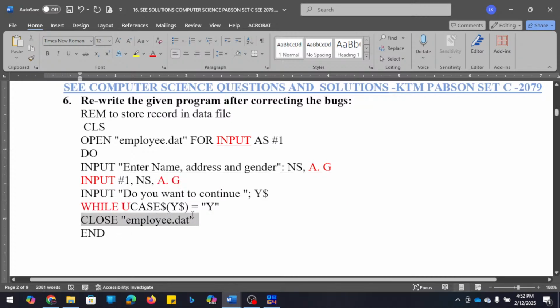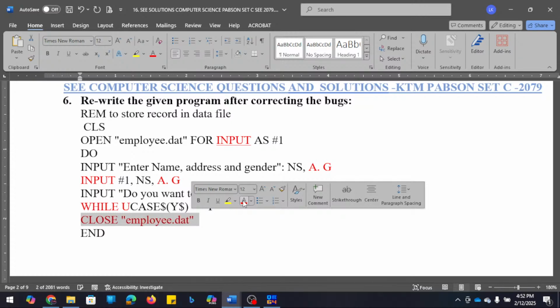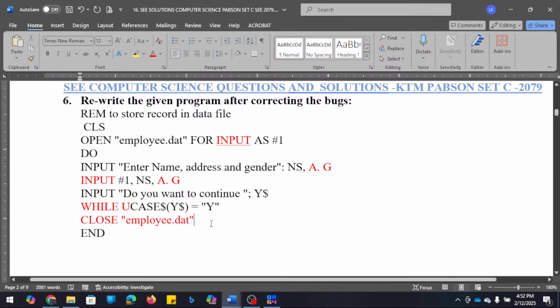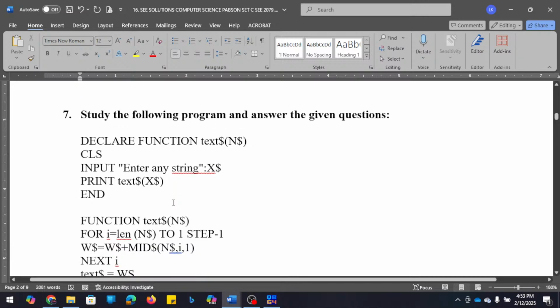Next is here. So these are all the mistakes in this. We have to correct it. Also the name cannot be a number, so an s is given there, so we have to make it a $ sign because it is a string. All others are okay. So we can correct it and write it.